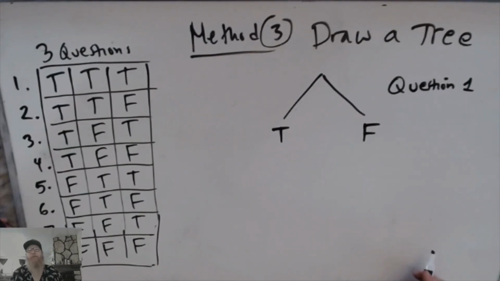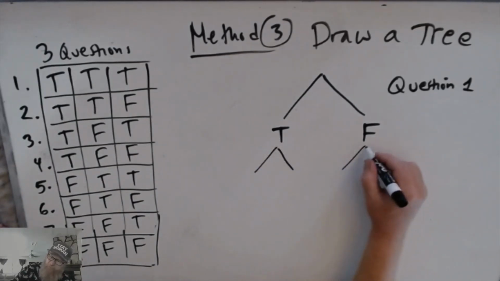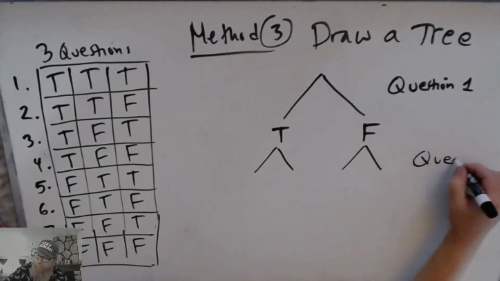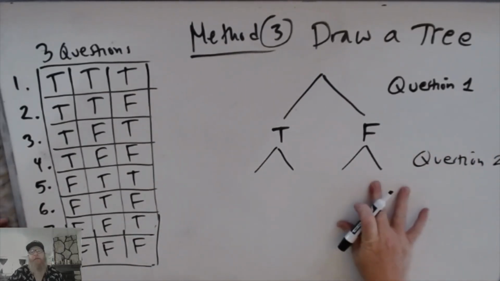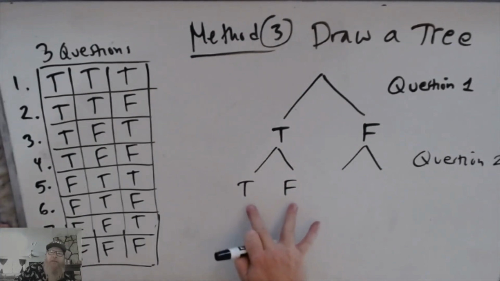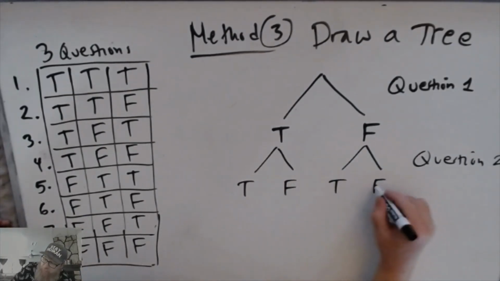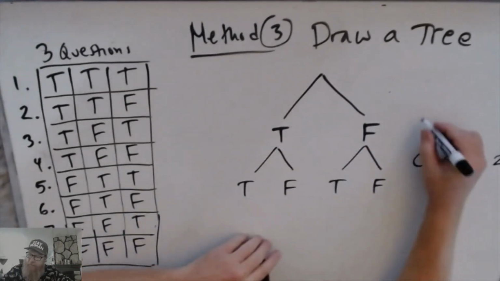True or false? Then for question number 2, there's actually 4 possibilities. There is the same 2 possibilities, true or false, based on what I just did in question number 1. Here, let me move this down here.